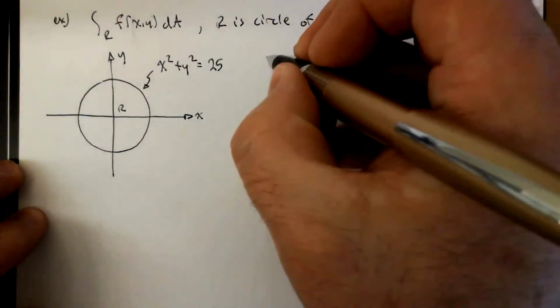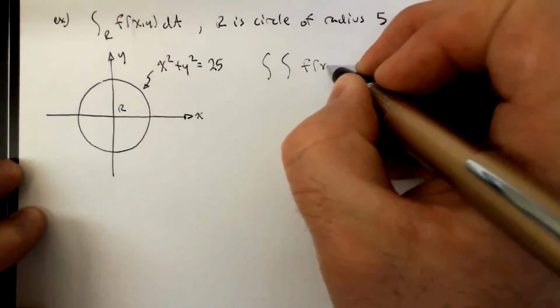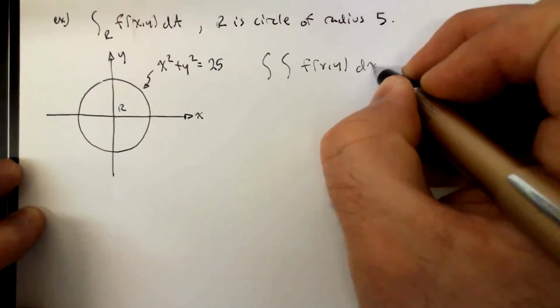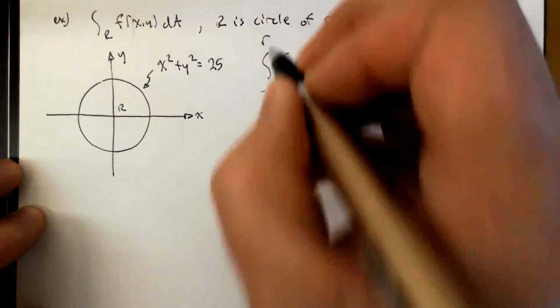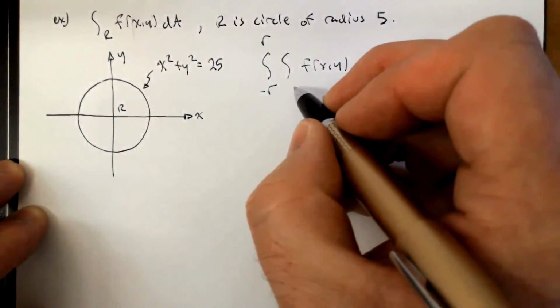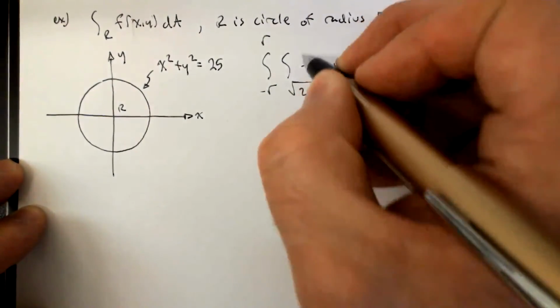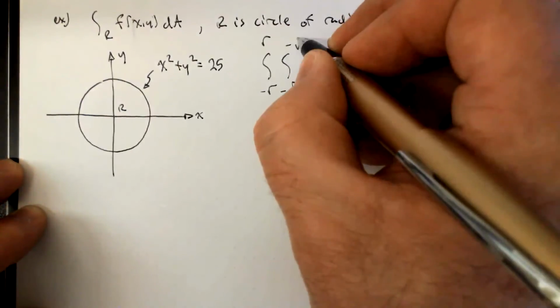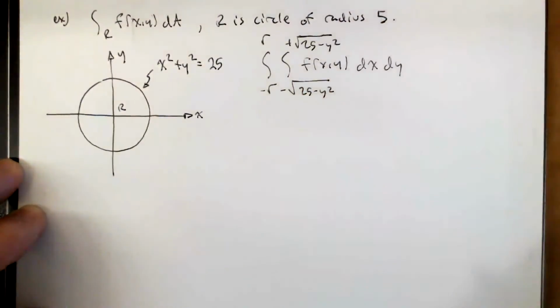So we've written this integral before. If the y's go from negative r to r, those are the constants, and the x's will go from the negative square root of 25 minus y squared up to the positive square root of 25 minus y squared.